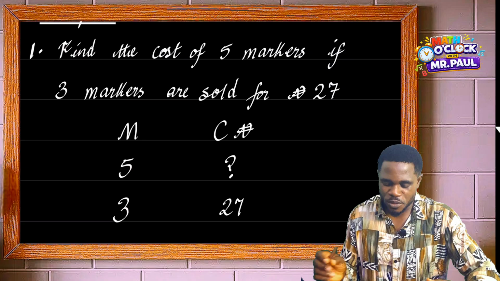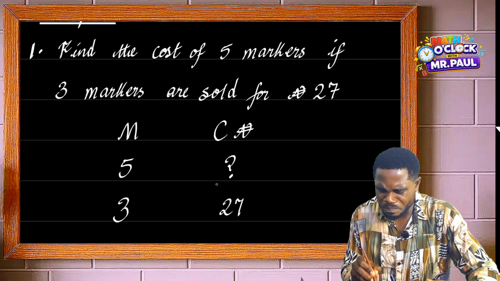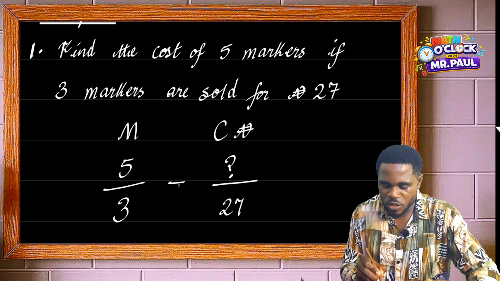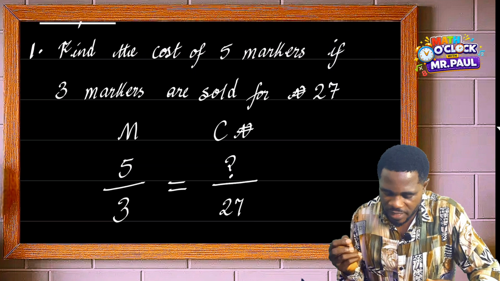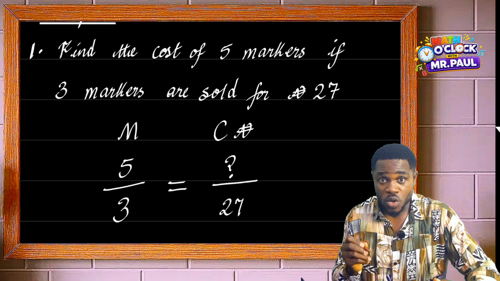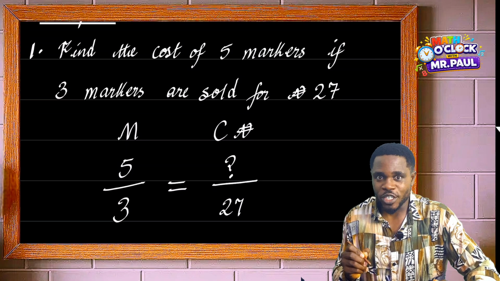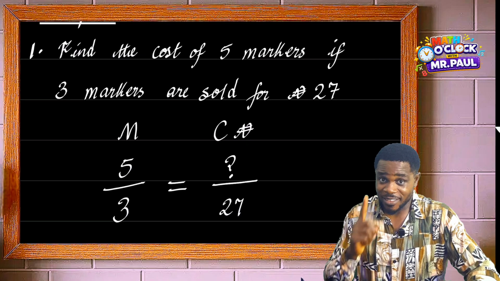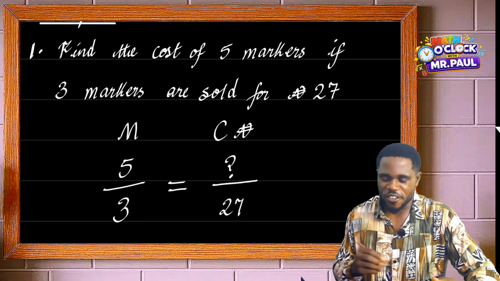What's the next step to do? Just make this division sign here, and this division sign here, and then you put your equal to, that is to say, 5 over 3 is equal to question mark over 27. Remember, our question mark represents what? The cost of 5 markers.